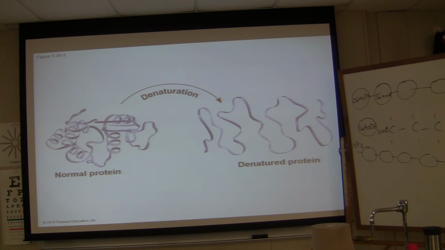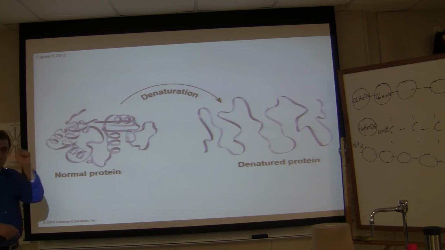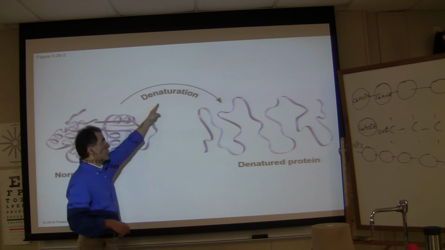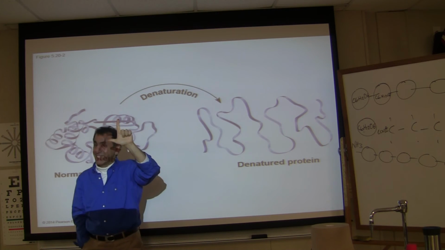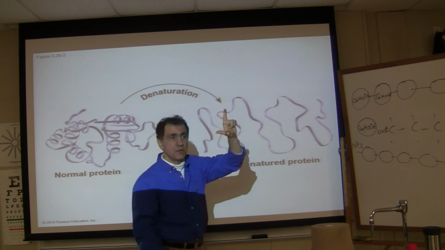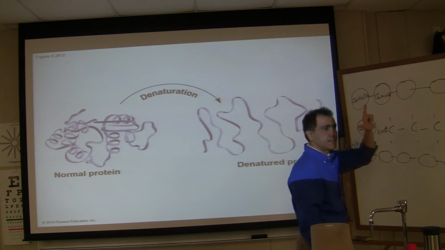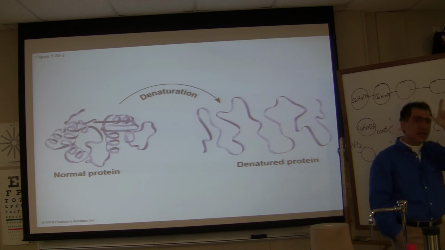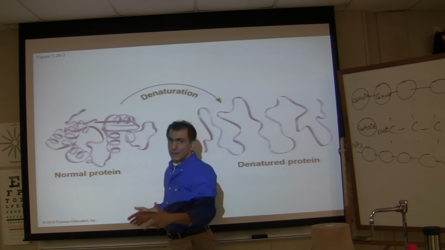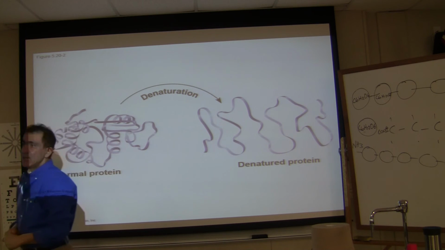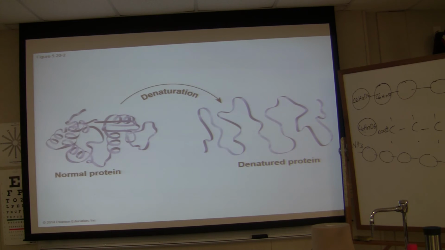There are three factors that cause denaturation. One of them is heat. The other is strong acid. You expose the protein molecule to a very strong acid, you denature it. The third one is strong base. So those are the three things that can cause denaturation.